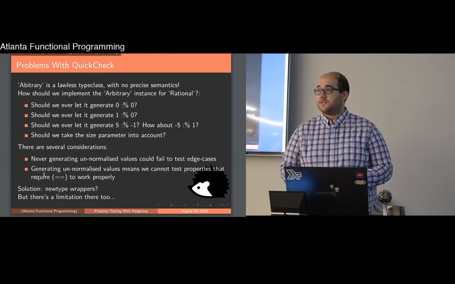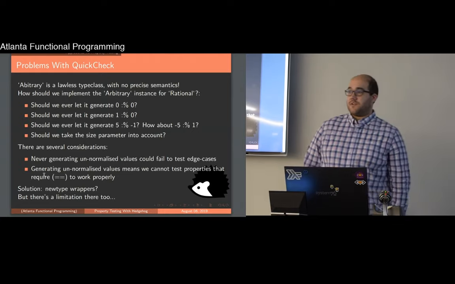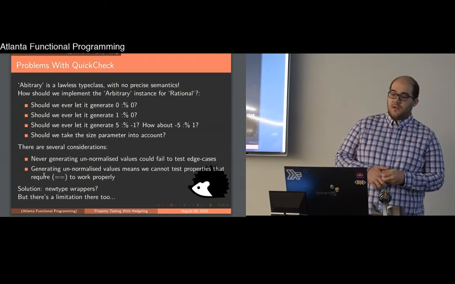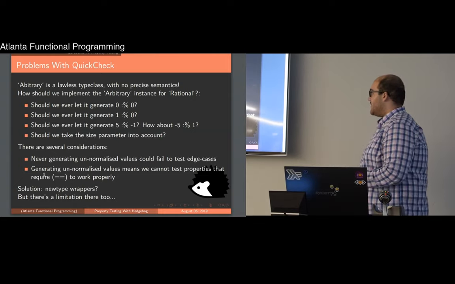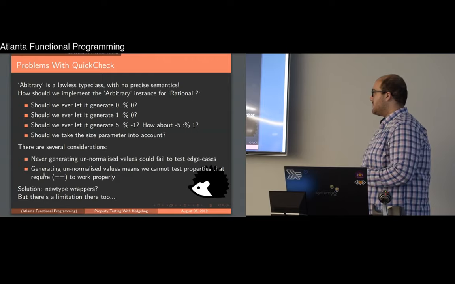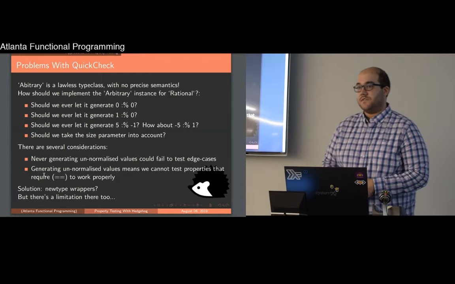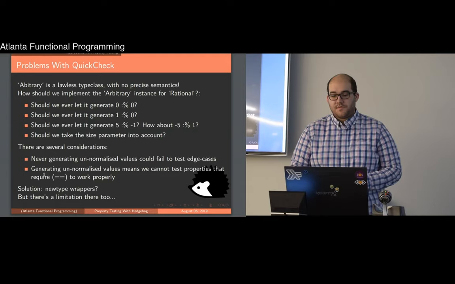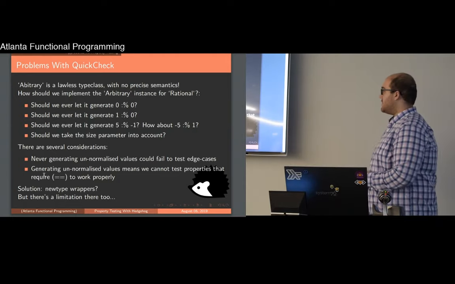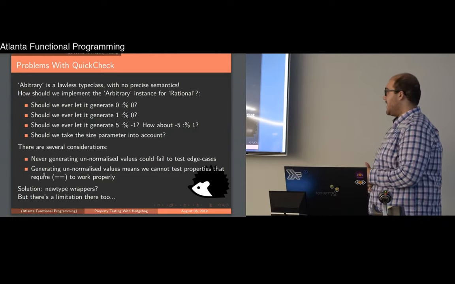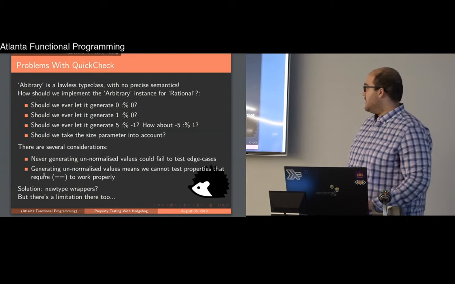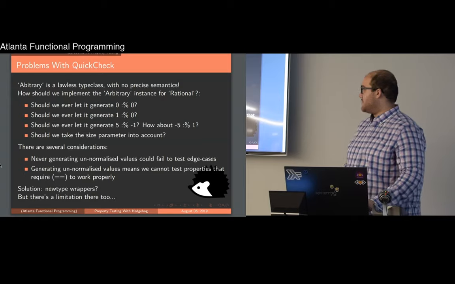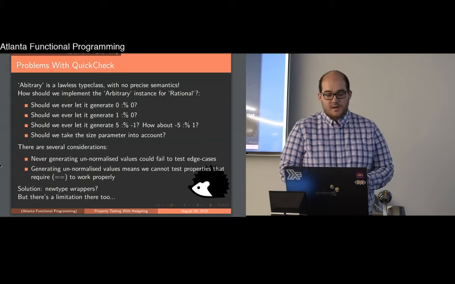And also, if you never generate an unnormalized value, then we could fail to test edge cases that fail to handle unnormalized rationals. And if you only generate unnormalized values, that means we can't test properties that require equality to work properly, which is the problem we were having with reflexive.